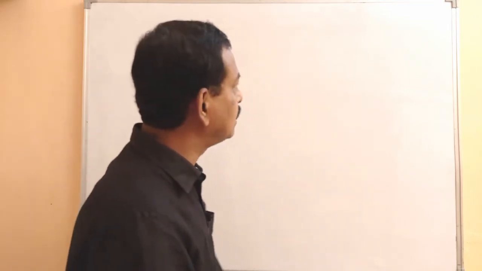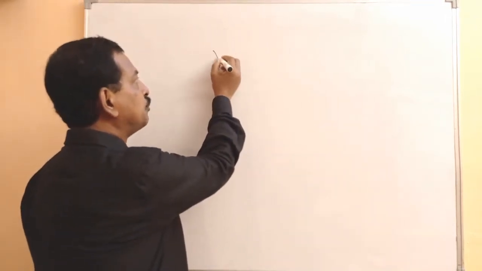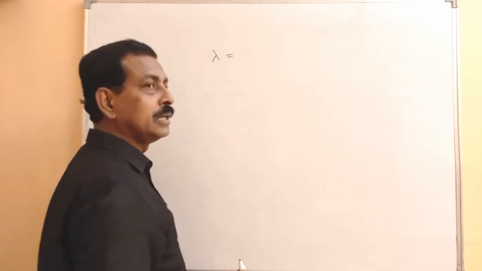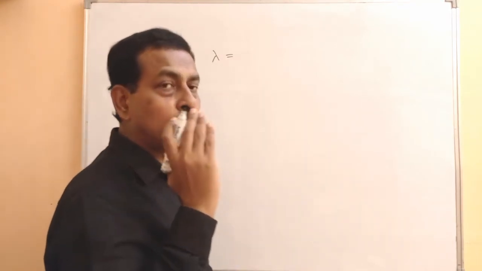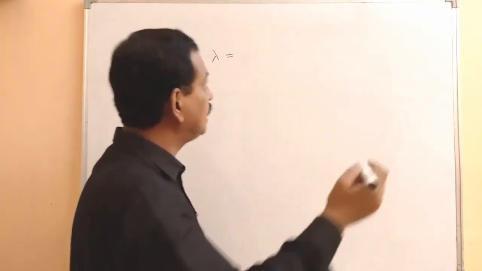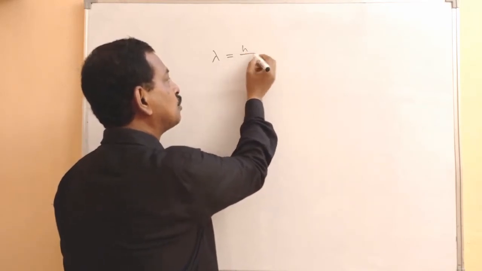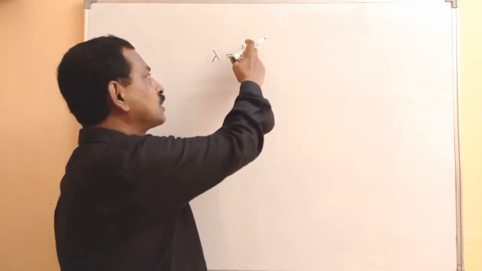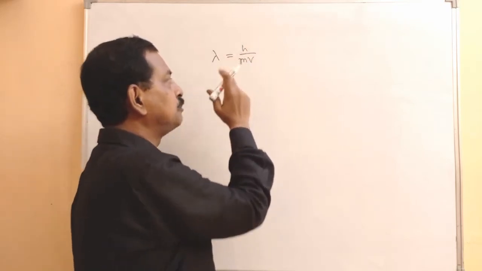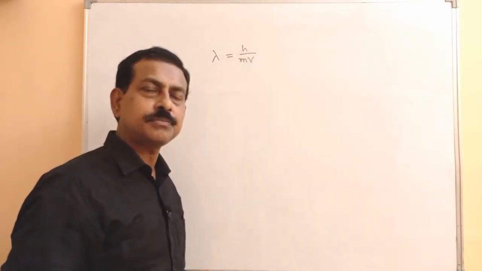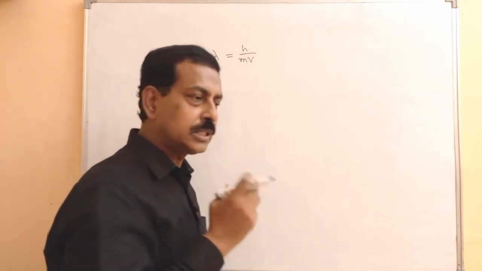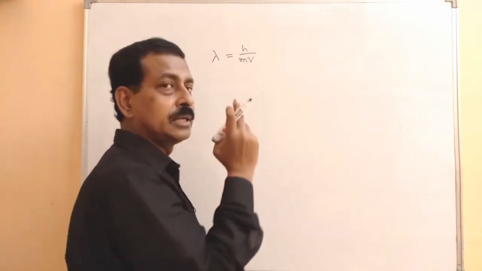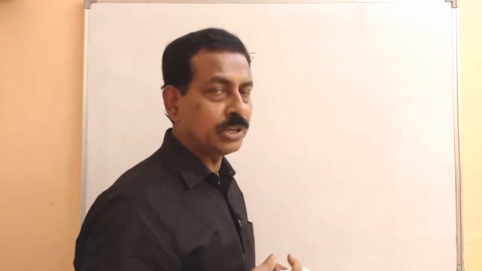And he said that the wavelength of such waves is related to the momentum, and it is lambda equals h by mv. h is Planck's constant, m is the mass, and v is the velocity. Here we call lambda the de Broglie wavelength.